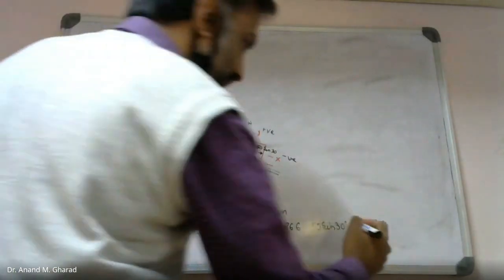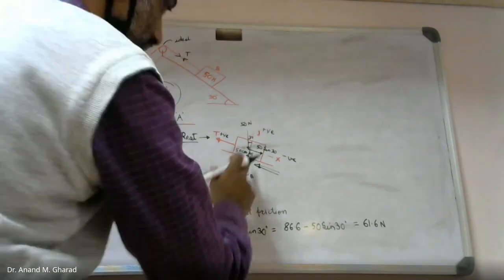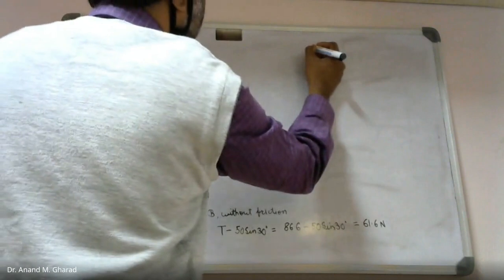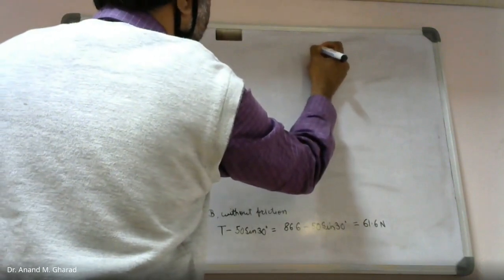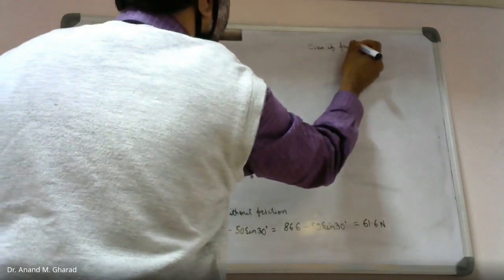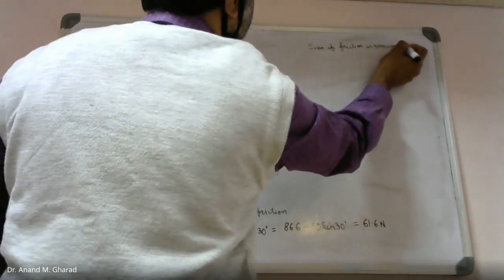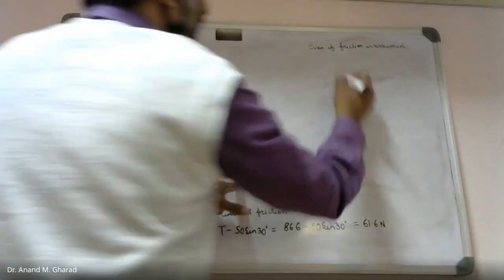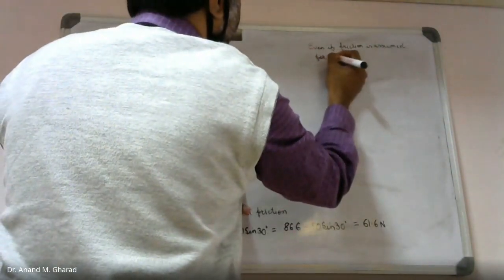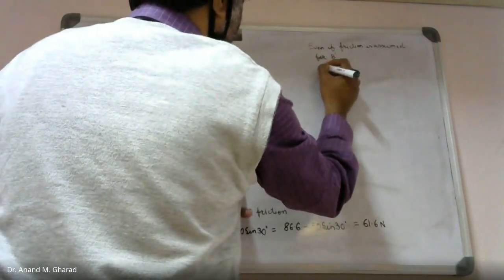That means this block is going to move in the upward direction. And even if I consider frictional resistance for the time being, even if friction is assumed for block B, what will be the frictional resistance value?